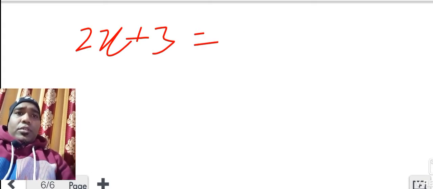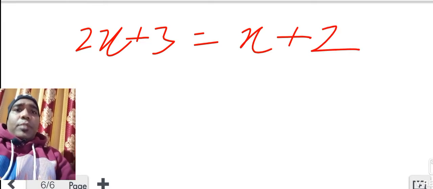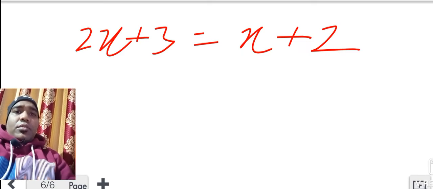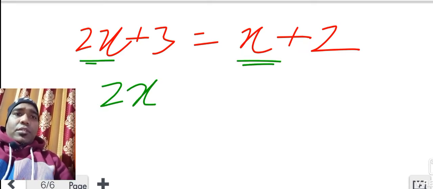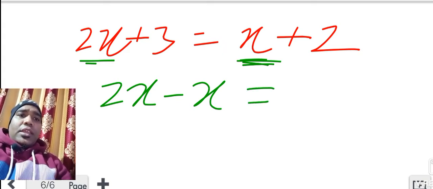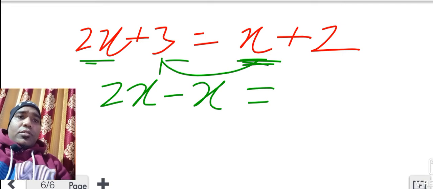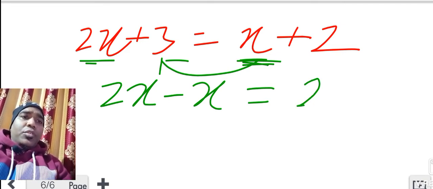So now how to solve this one? 2x plus 3 is equal to x plus 2. The like terms we bring together. Like terms 2x and x. So this x we bring to the LHS, and in LHS it becomes minus x. Here x was in plus. Now here plus 2 is already there.